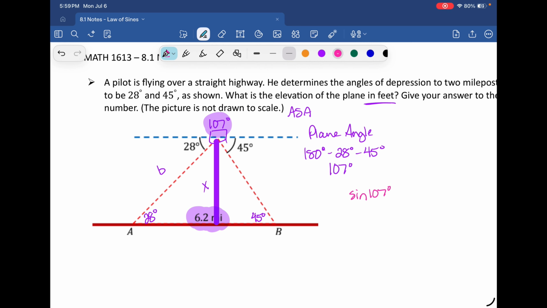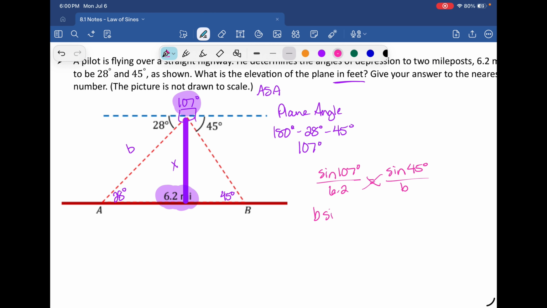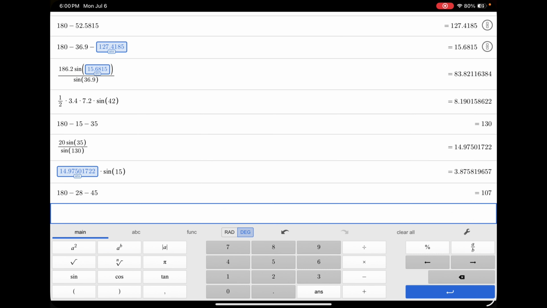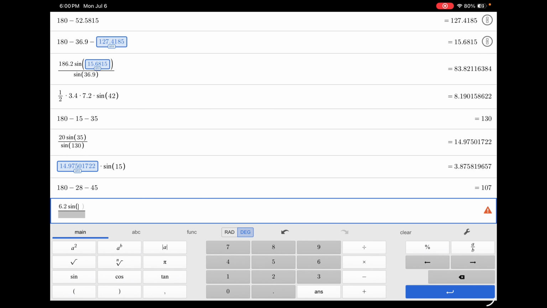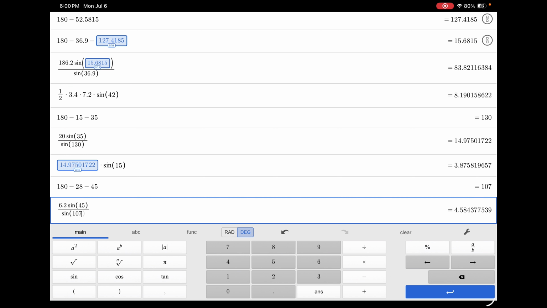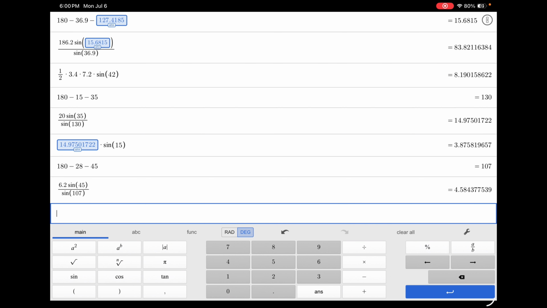Sine 107 over 6.2 equals sine 45 over side B. Cross multiply. Divide. Calculator. Sine 107. 4.584.